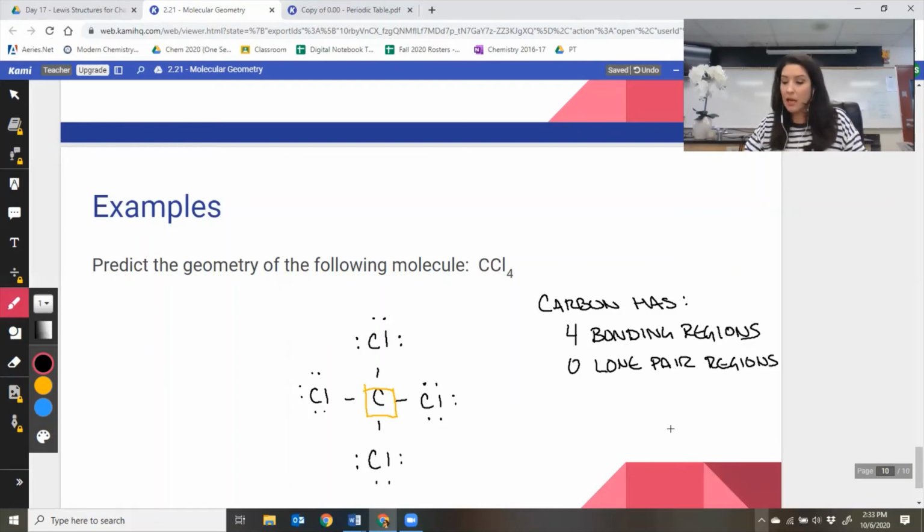All right, I think I will try to make this little carbon, and I'm going to stop sharing with you so that I can show you here on the screen. So imagine that my central atom carbon is at the center here, and I'm using these black tubes to represent the bonds that it's forming with chlorine. So because I have 4 different bonding regions, I'm not going to be able to be completely flat in a plane of 3.